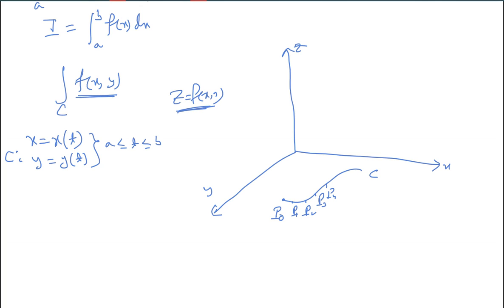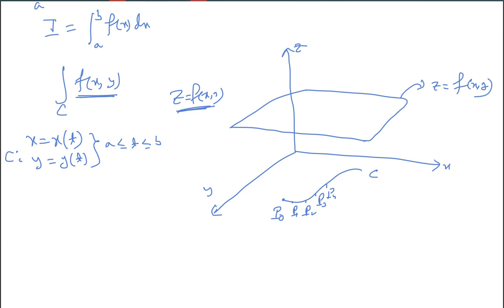Suppose the surface is like this, this is your z equal to f of x, y. You can consider it like the roof of something, a bending roof like this. So this is a surface.